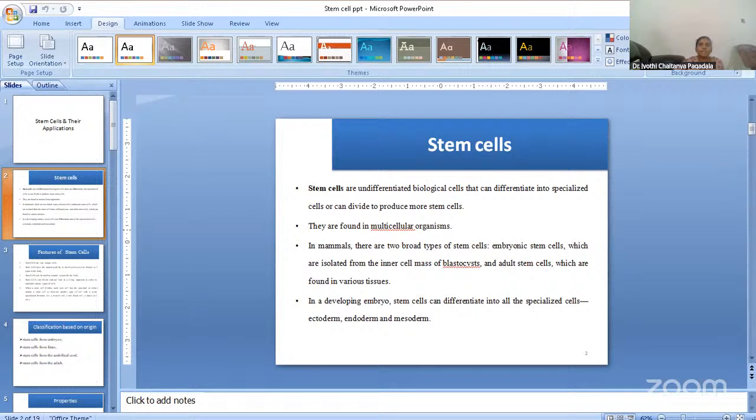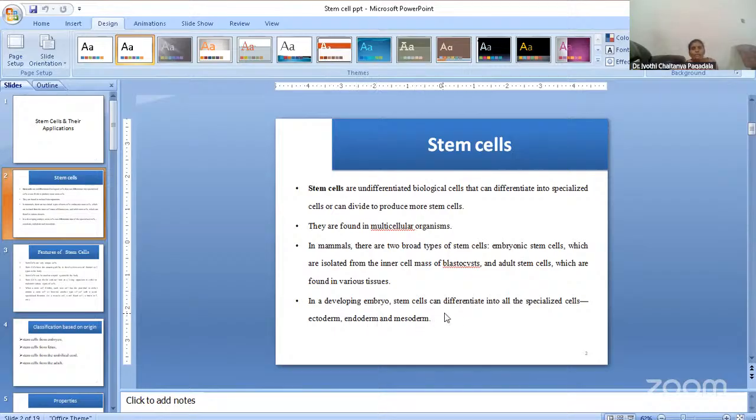The embryonic stem cells derived from the blastocyst have a greater ability for self-renewal and totipotency, while stem cells found in adult tissue have limited self-renewal since they do not proliferate extensively and can only differentiate into tissue-specific cells.